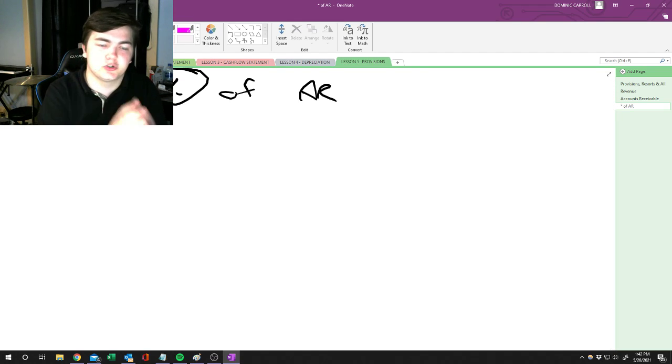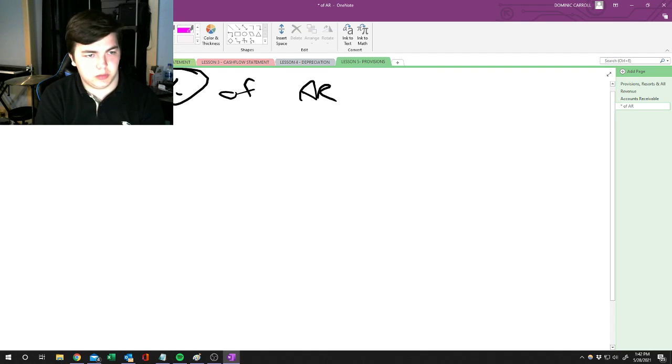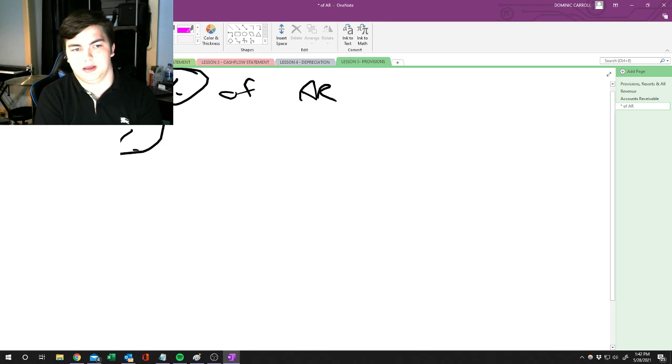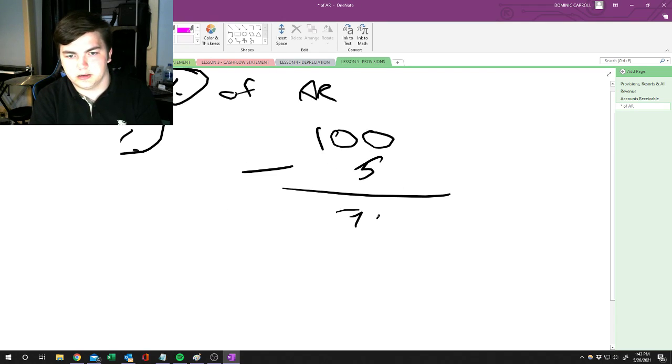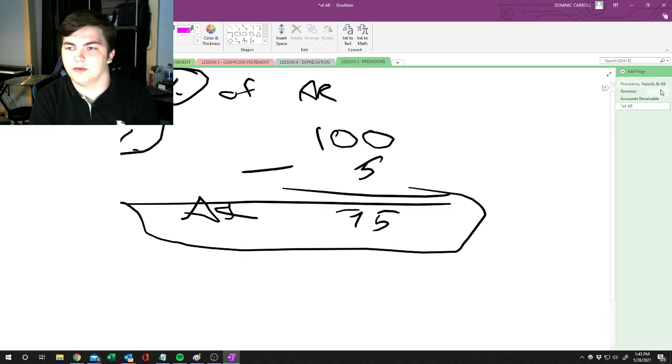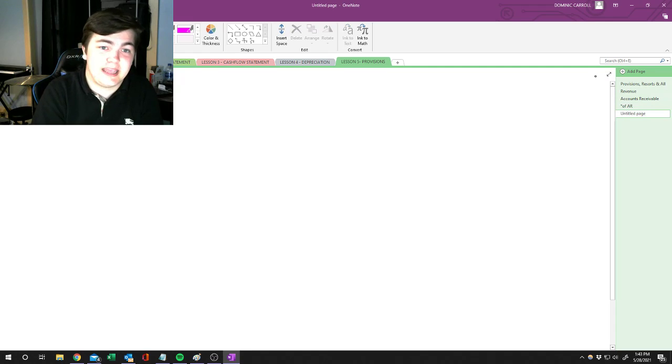They look at prior trends and say, well, maybe 5% of our customers end up defaulting and don't actually give us the cash. So if you have 100 million in accounts receivable and there's a 5% allowance, you would take that out for the net accounts receivable of 95. So that's how that is calculated.